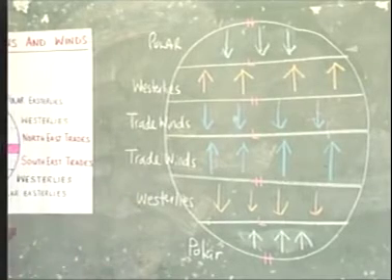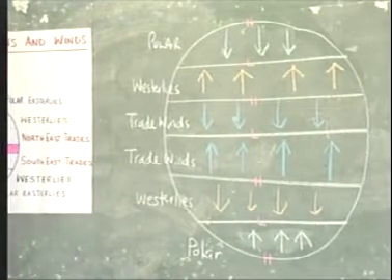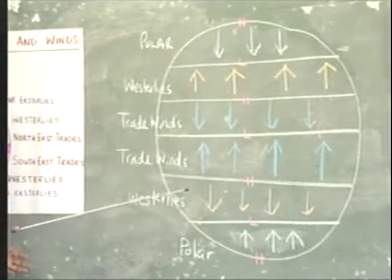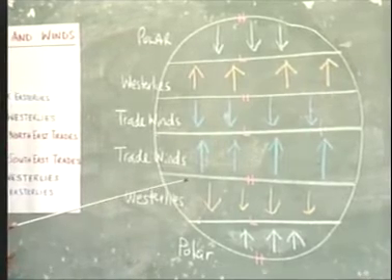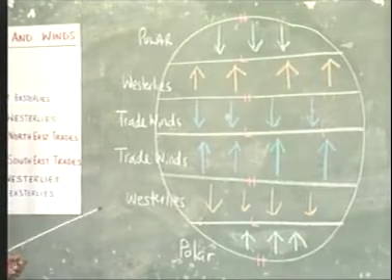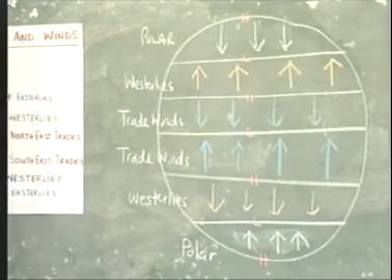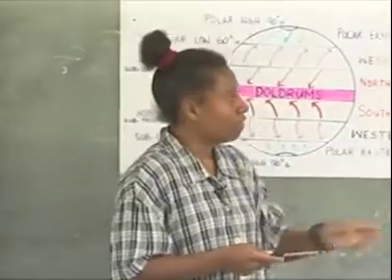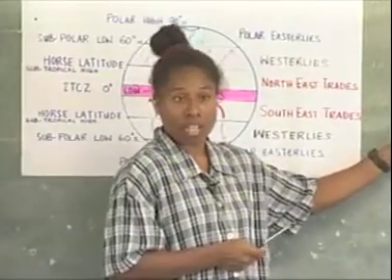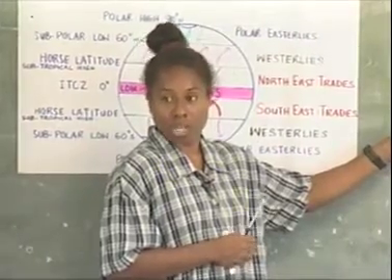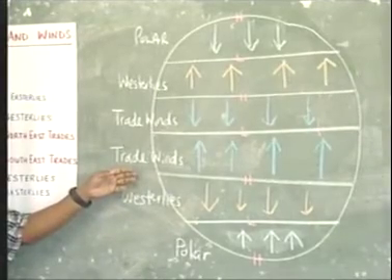But winds in reality do not blow straight up and straight down in the different hemispheres. And in our lesson tomorrow, we are going to look at what we call the Coriolis effect and how the Coriolis effect has an influence on the direction and the deflection of the winds in the different hemispheres.